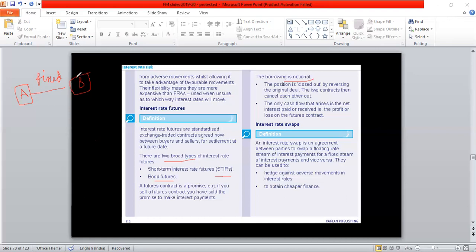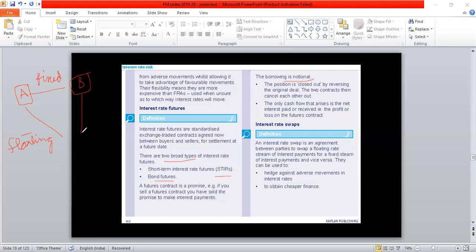So A also will find a counterparty and enter into another agreement at a floating rate. Now because B is getting affected, B also finds another party from the market and enters into another agreement at a floating rate.